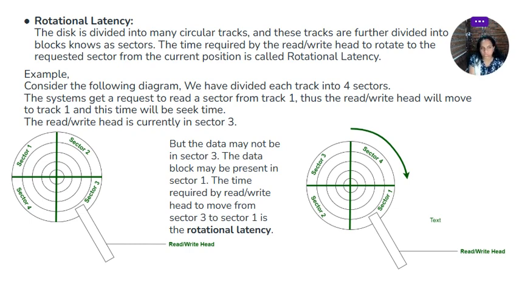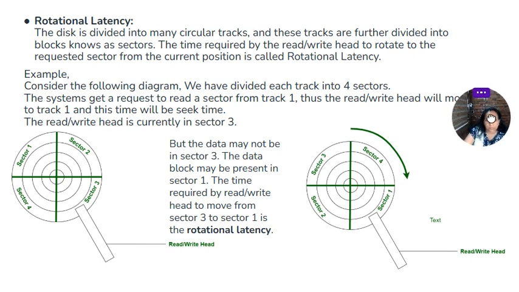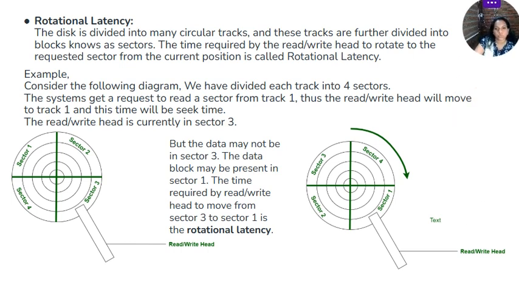The next is rotational latency. The disk is divided into many circular tracks, and these tracks are further divided into sectors. The time required by the read-write head to rotate to the requested sector from the current position is called rotational latency. For example, consider the following diagram. There are tracks and there are sectors; you can see 4 sectors.